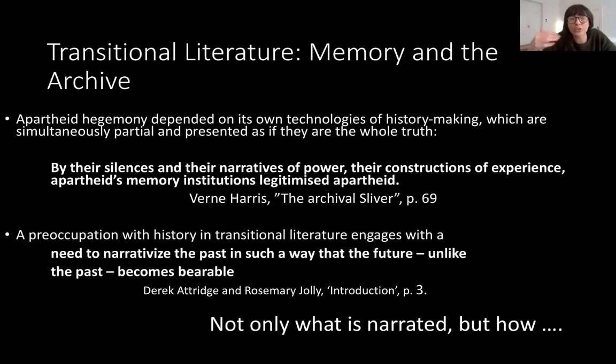So apartheid had its own historiography, its own sort of Afrikaner nationalist historiography. And in a really now quite famous and excellent essay, Verne Harris, a South African archival historian, basically shows how the mode of apartheid historiography was positivist and orientated by a sense of the truth, right?